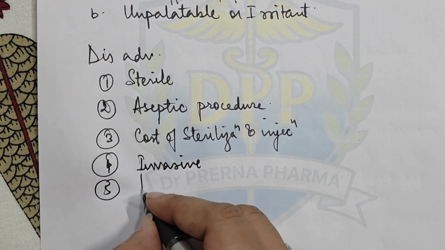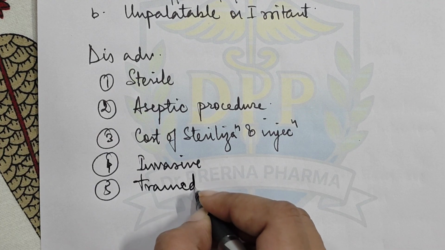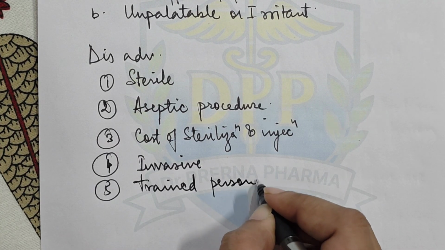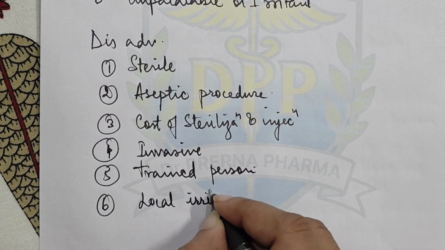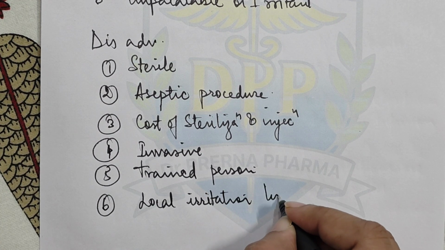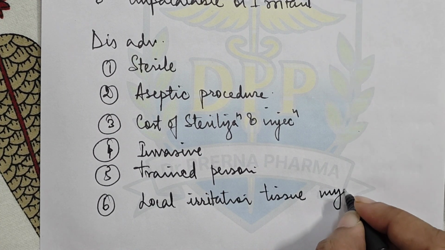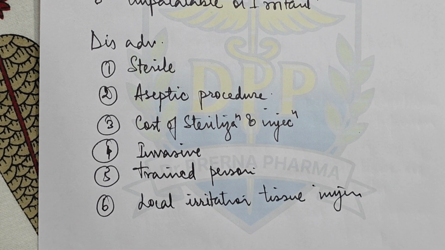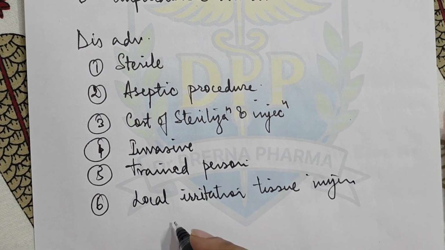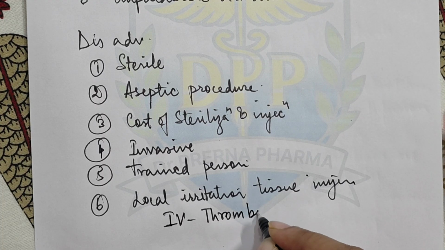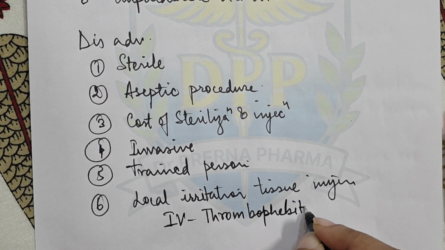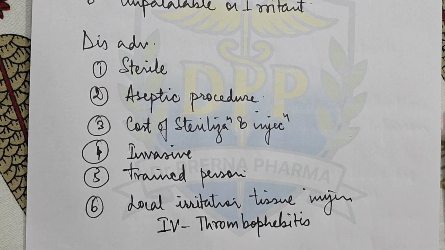It requires a trained person. You cannot give an injection without training. And then it can cause local irritation or thrombophlebitis or tissue injury. These are the various side effects seen locally with the intravenous route. With intravenous, the major side effect very commonly seen is thrombophlebitis. This is usually seen with the parenteral routes.